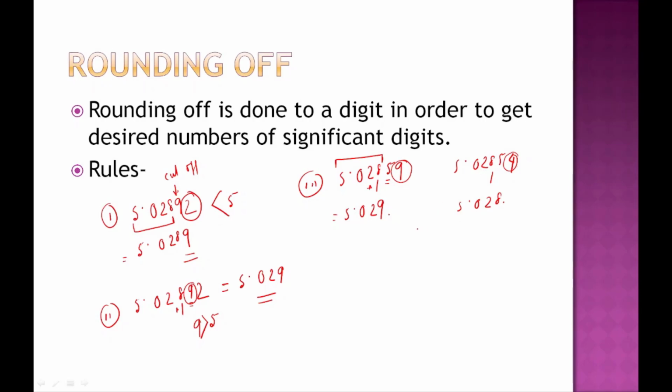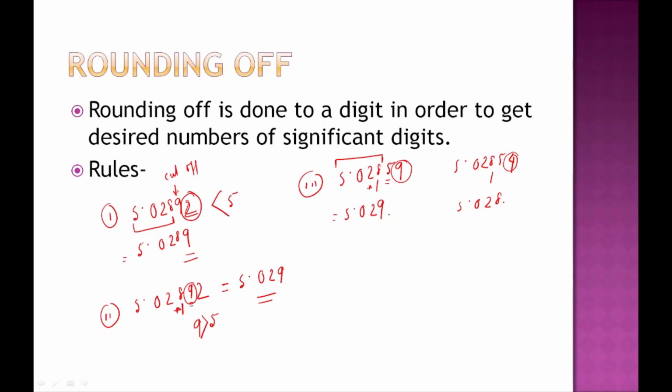So let's recall the rules once again. The first rule says if the number placed right of the cutoff digit is less than 5, as in this case it is 2, which is less than 5, then the cutoff digit remains the same. If the number placed right of the cutoff digit is greater than 5, then you can add plus 1 to the cutoff digit.